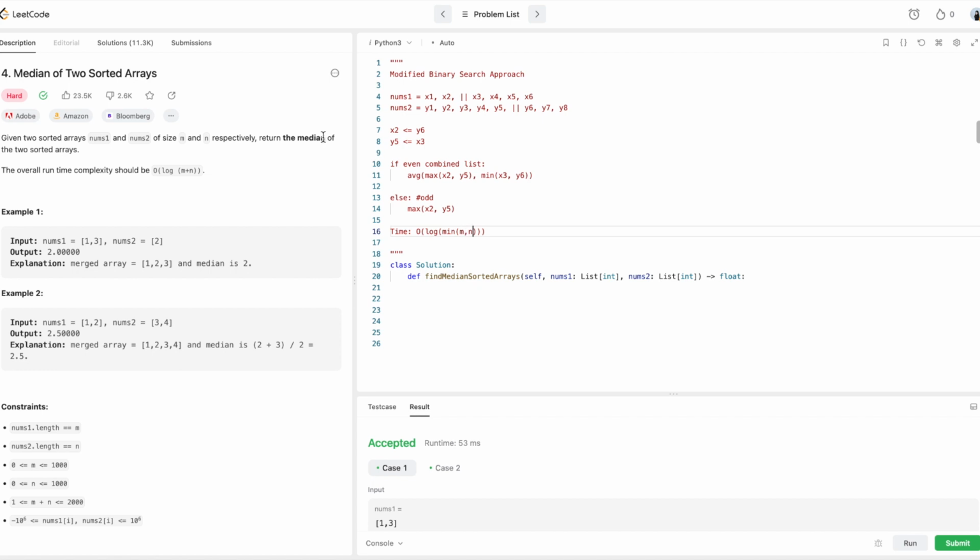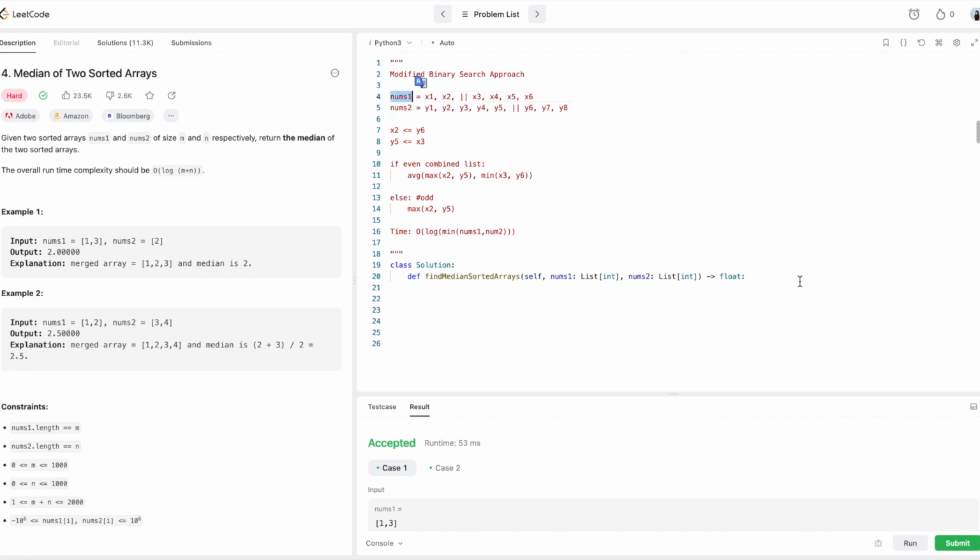M and n are the lengths of nums1 and nums2. It might be clearer if I say length of nums1 and length of nums2. So to get the min of this, we have to perform the binary search on nums1, which is always going to be less than nums2.